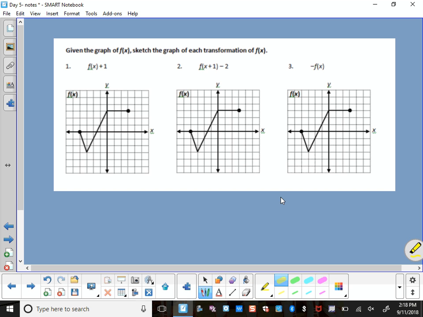This plus 1 tells me how I'm going to translate it. A positive 1 at the end of my function tells me I'm going to go up 1. That was our plus k. Go up 1.